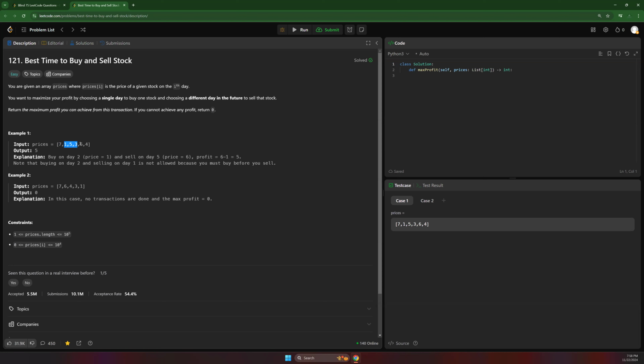If you sell it on any day after the first day, basically you will lose money. You will keep track of the maximum profit. And if you are looping through two times using O(n squared), you'll be able to figure out the solution. The thing is, can we make it better?